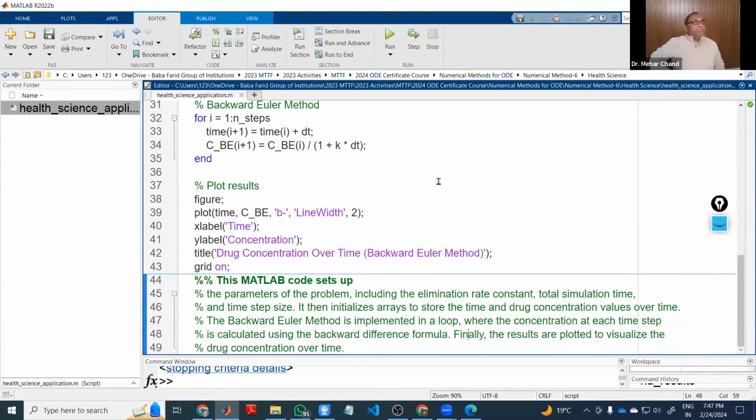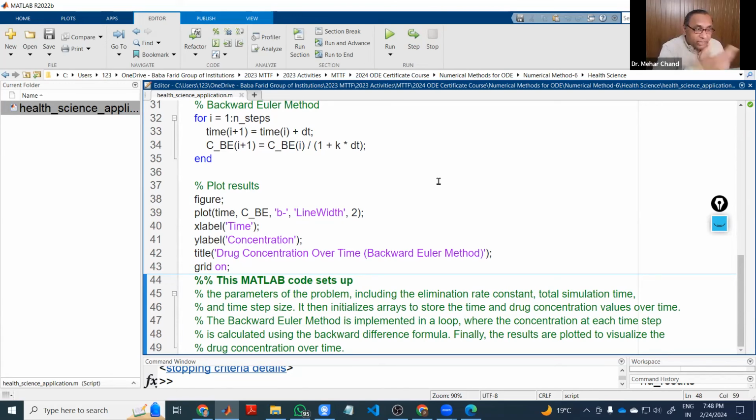There are so many problems in health science, engineering, and physical sciences where we can use this method. The other methods are also there, but it depends upon the stiffness in the equation. If it exists, then we can use this one.